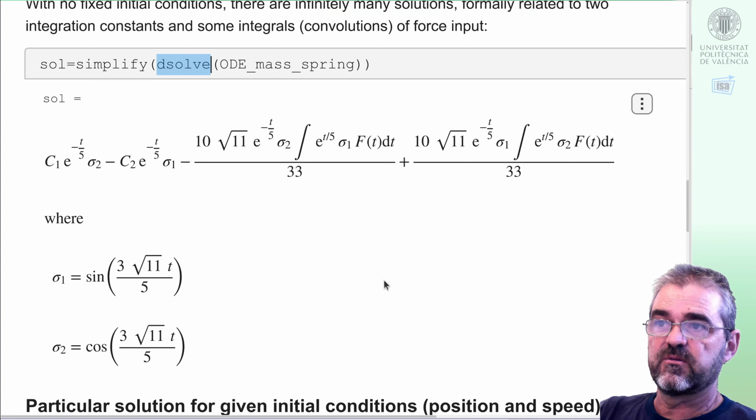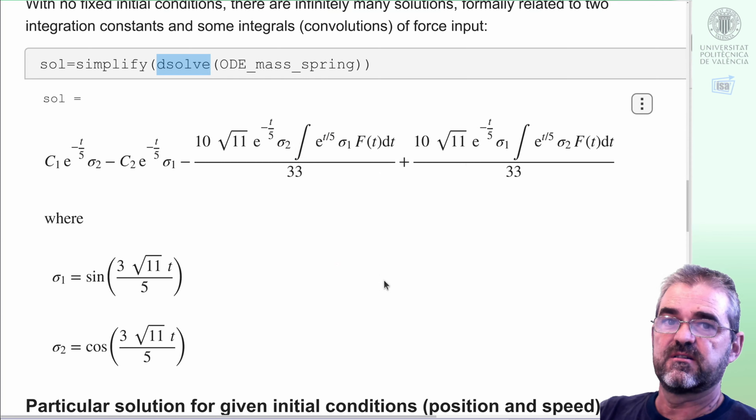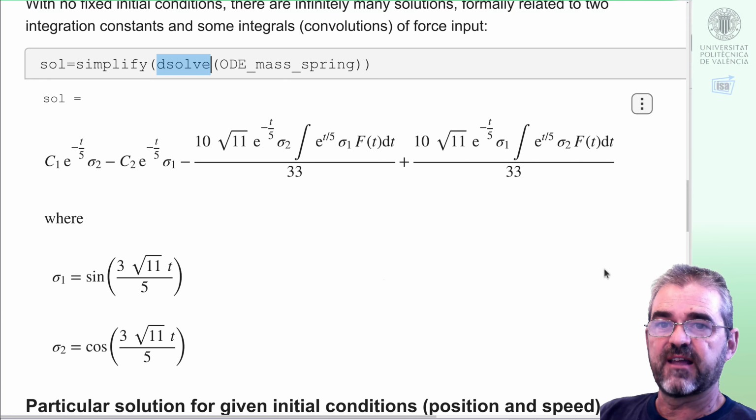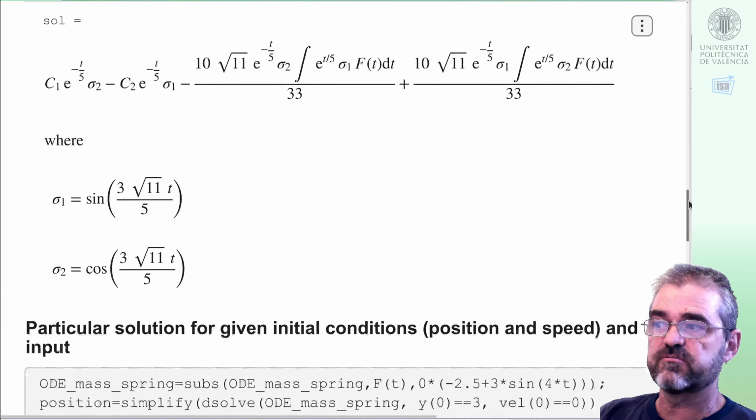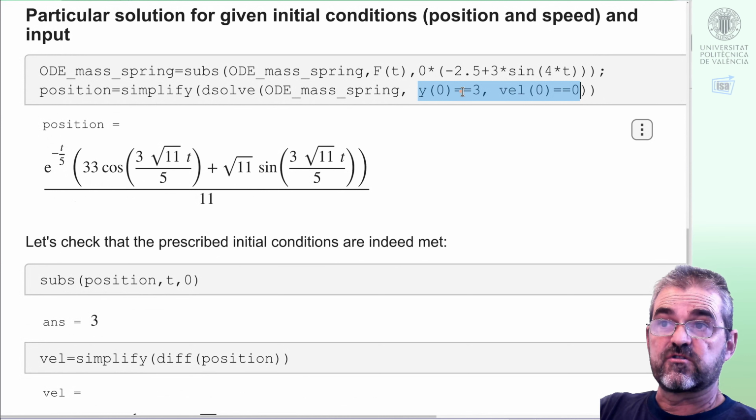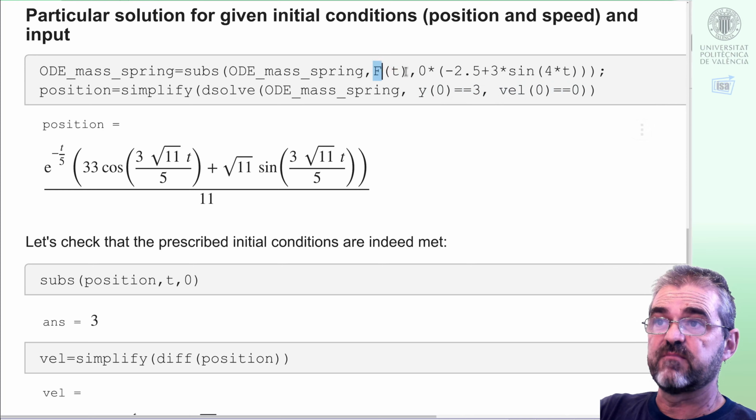In engineering, we want to understand this in common sense language. So let's forget about this general solution and let us fix a particular initial position and speed of the spring and a particular function of time.